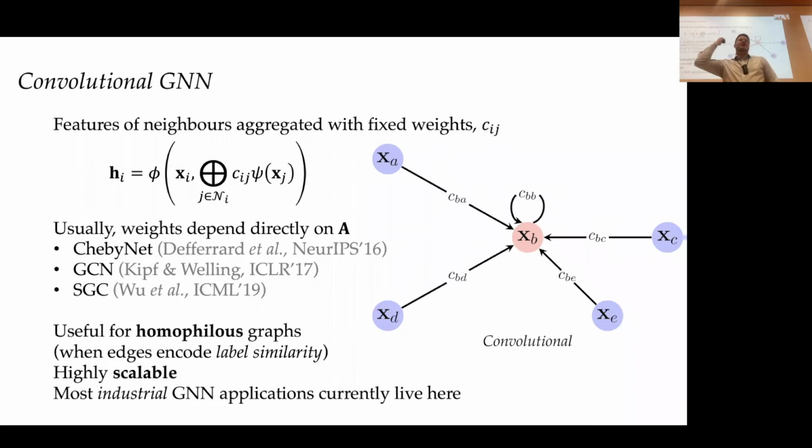But here you also factor in the degree of the sender into the equation, okay? And this simple expression brought about a very empirically powerful layer that works really well on most real-world data sets, which arguably got it the amount of attention it received. Although technically, you could also claim that just because the layer is called a graph convolutional network layer, that might have also helped the amount of attention it received.